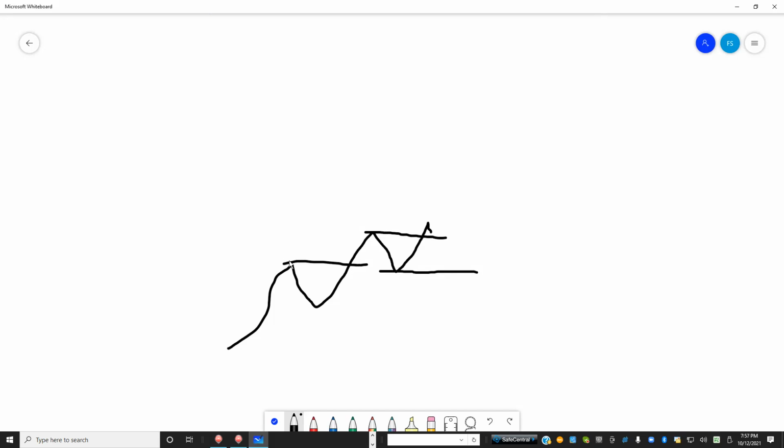So when I form my high, let's see, how do I do this? This was the low. Trying to draw this backwards now is difficult. This was the low. Should have been here. Well, let's say that the last low was here.